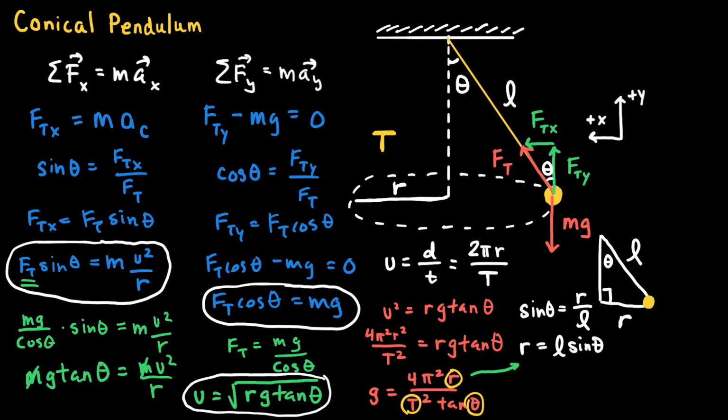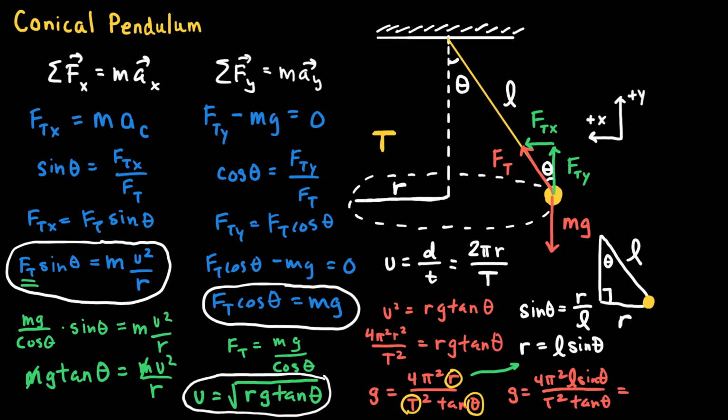So I think if I was doing an experiment where I was measuring the acceleration due to gravity using a conical pendulum, I would use the equation g equals 4 pi squared, and instead of r, I would write L sine theta, divided by T squared tan theta. And of course, those of you who are following along, you know that sine theta over tan theta happens to be equal to cosine theta.